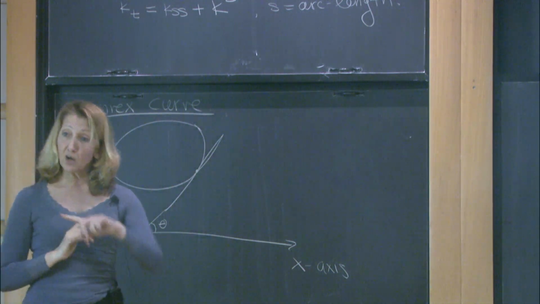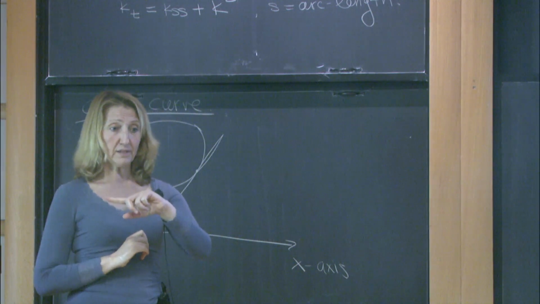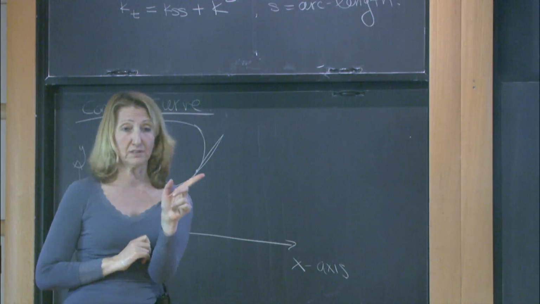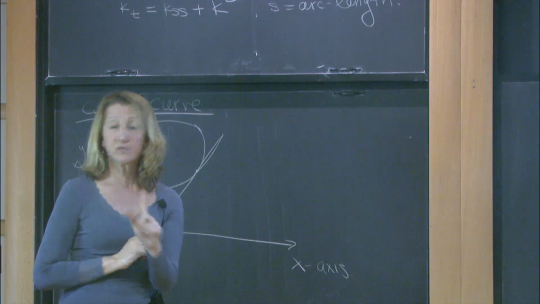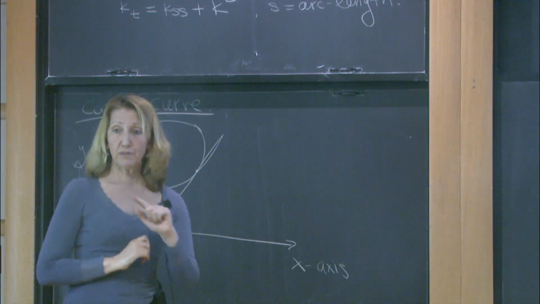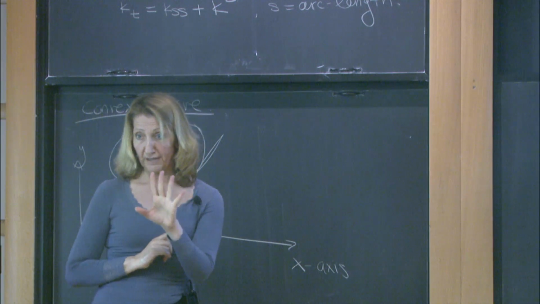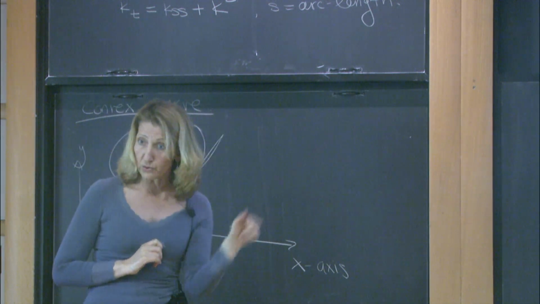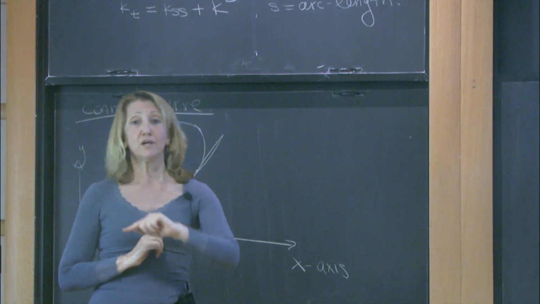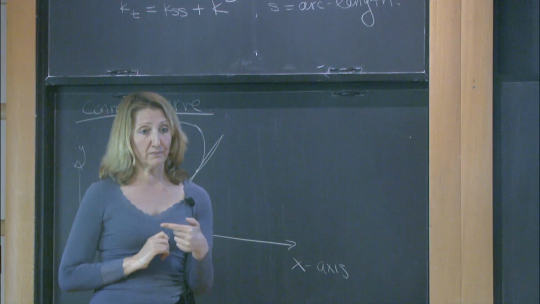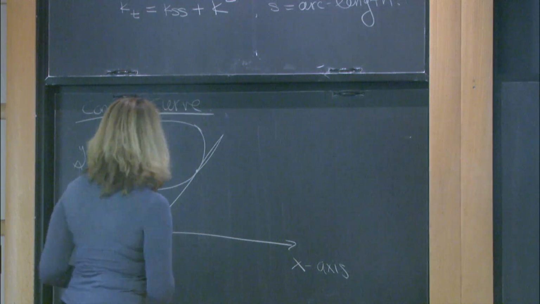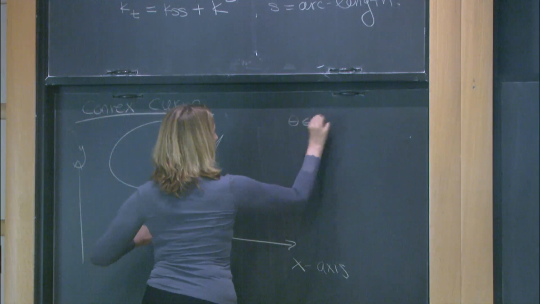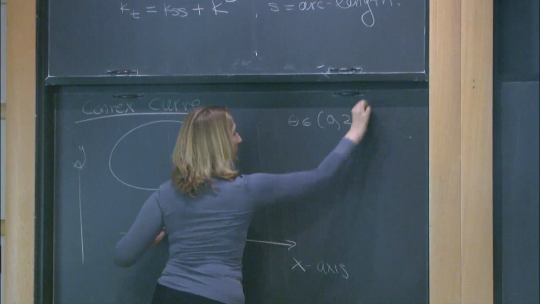Because you have a closed, convex curve, there is a one-to-one correspondence between the tangent vectors and the angles. As you go around the curve, theta goes from 0 to 2 pi.